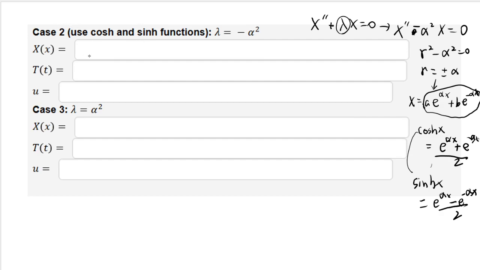So your answer should be a times cosine hyperbolic of alpha x, plus b times sine hyperbolic of alpha x. And for the t, it's the same story.